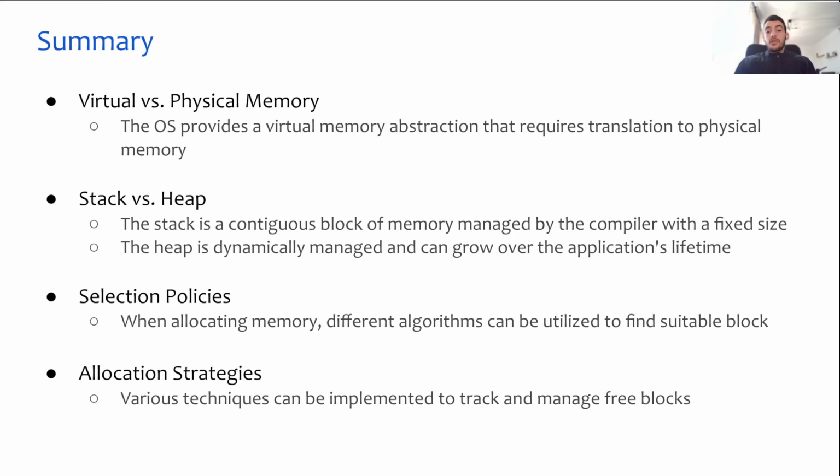So the stack is a contiguous block of memory managed by the compiler and has a fixed size, while the heap is dynamically managed and can grow over the application's lifetime. And lastly, we saw the selection policies, which are implemented when allocating memory with different algorithms and with different pros and cons. And finally, the allocation strategies, which indicate that there are various techniques that can be implemented to track and manage the free blocks depending on the application's needs.